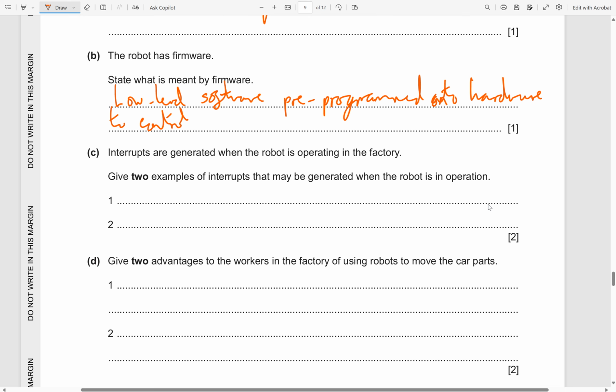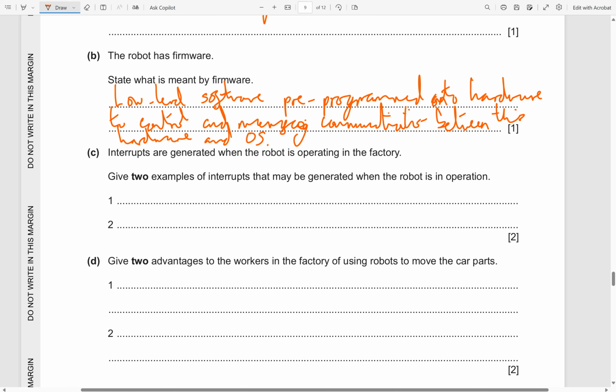To control and manage communication between this hardware and the operating system. Let's go, yeah, OS.